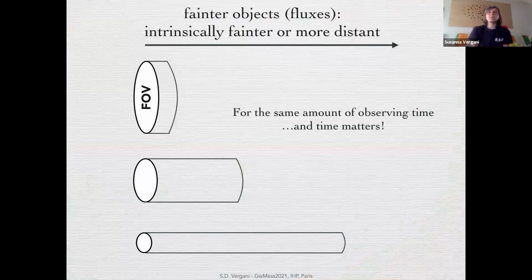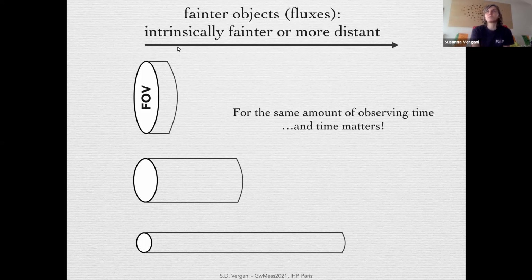I will talk more about that later, but we have a problem. You may say, oh, I take a small telescope, I survey all the sky map and I will find something. The problem is that usually the larger the field of view of a telescope, the less sensitive the telescope is.